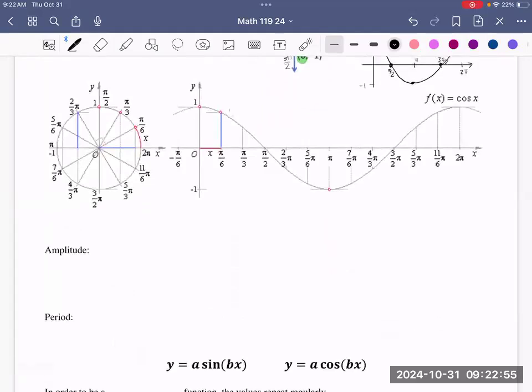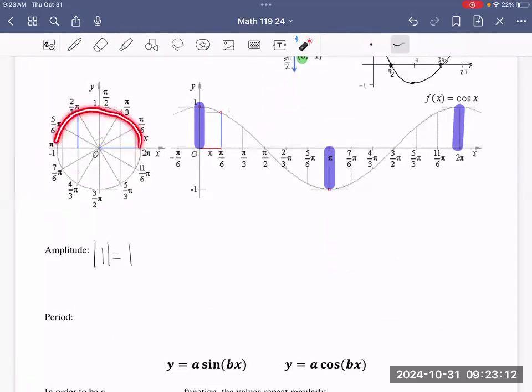So in our case, the height of each wave still is going to be 1. So the absolute value of 1 is 1. And your period, how long does it go? One full rotation before any sort of repeats is at 2 pi once more.